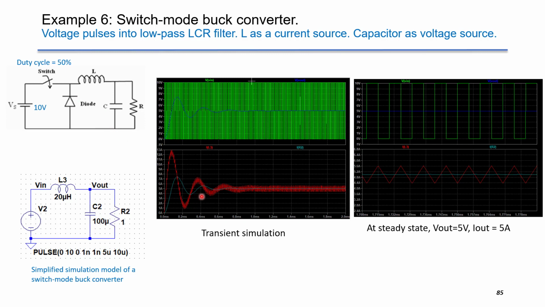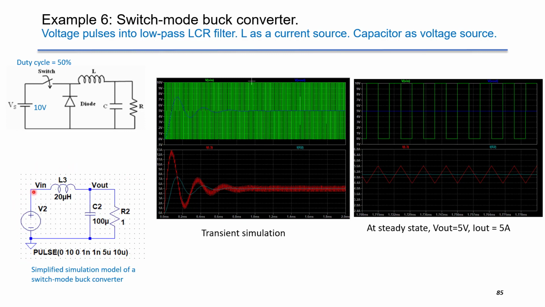At the steady state, the output voltage shown on the right-hand side graph is 5 volt, which is 50% times 10 volt, and the output current is simply 5 amps because the load is 1 ohm.